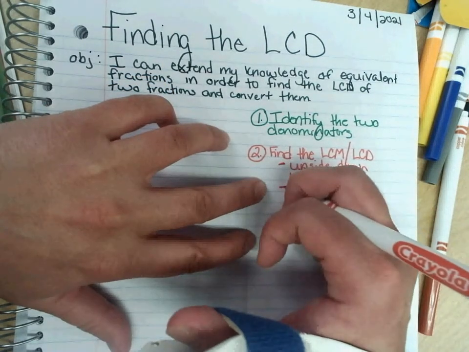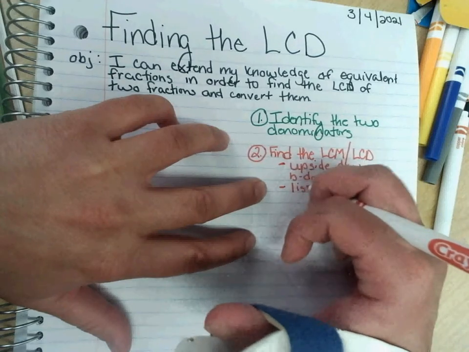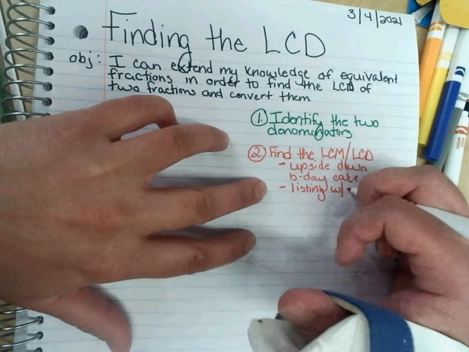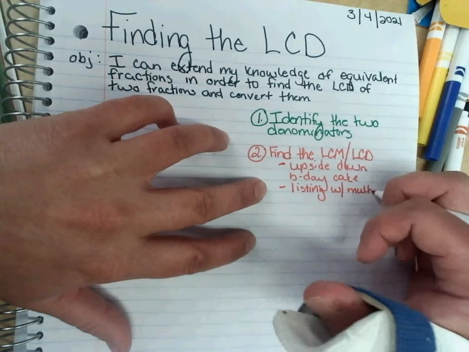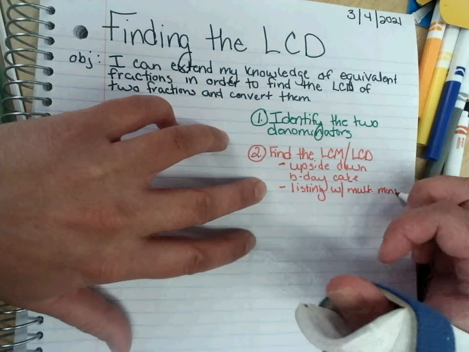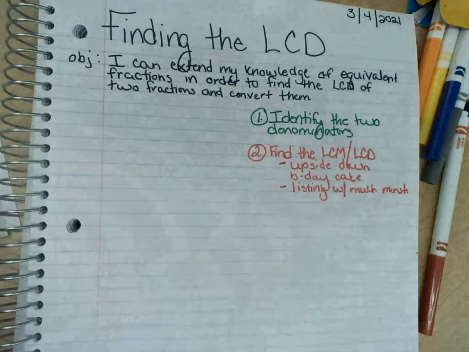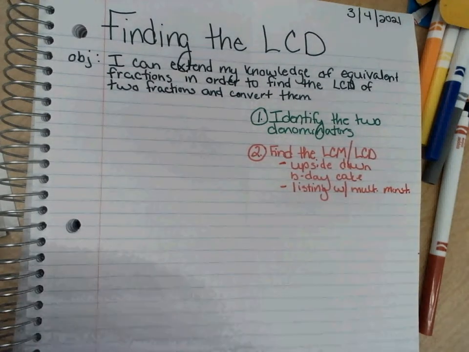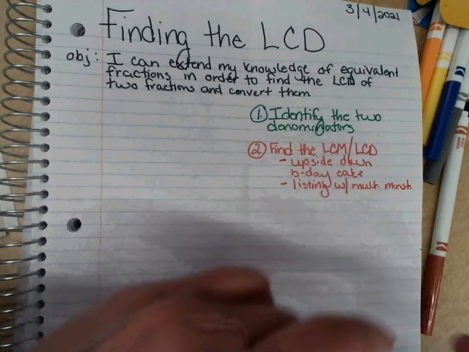Or we have listing with the multiple monster. Okay, and you have those notes. So we find the least common multiple, also known as the least common denominator, whichever way we see fit.